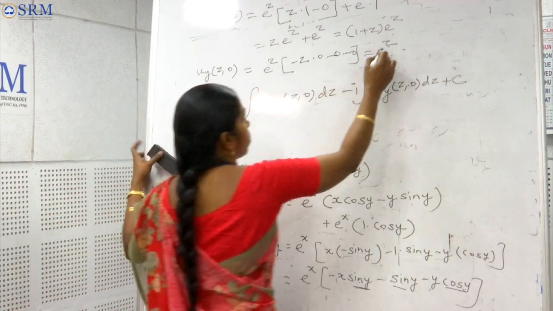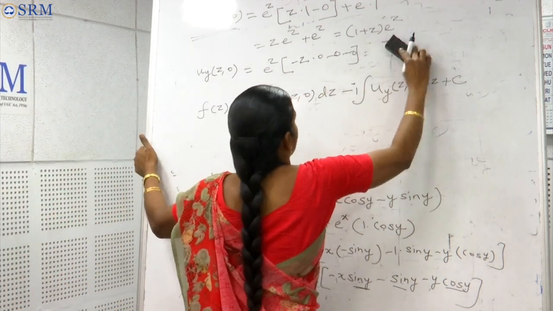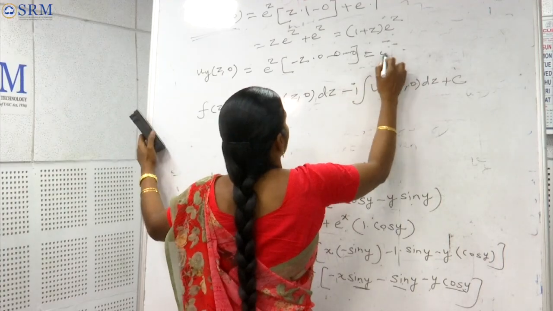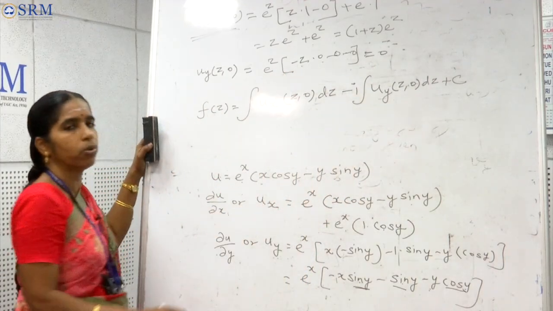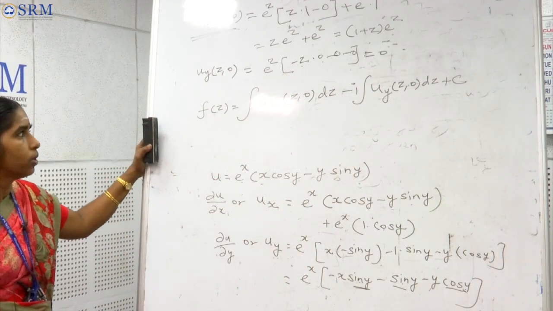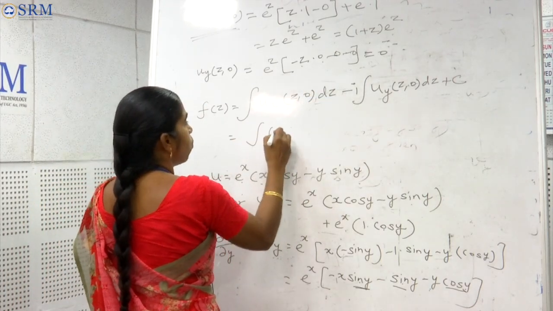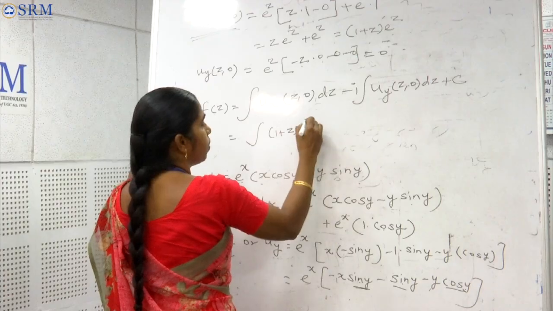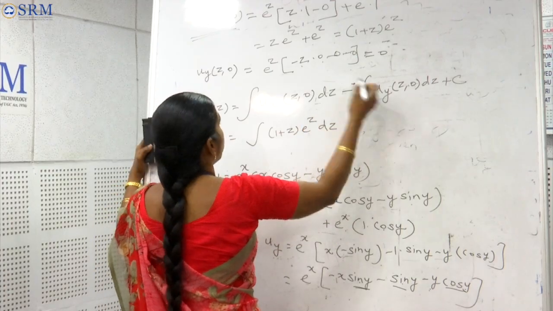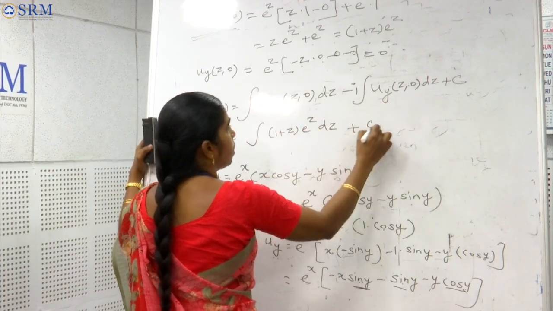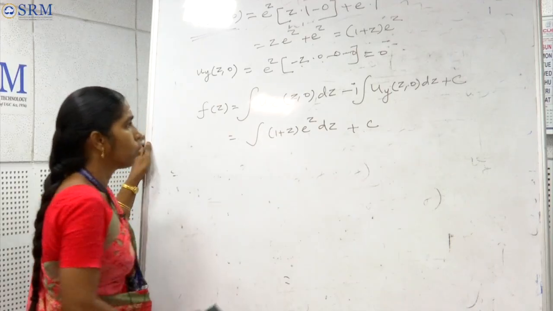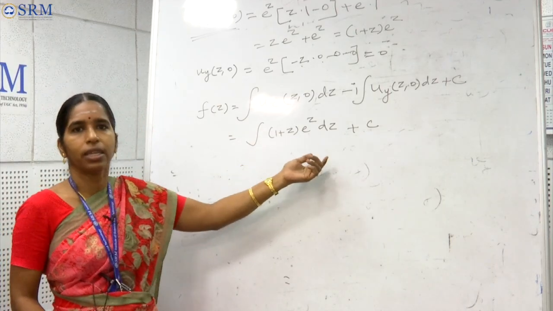Sorry, here it is 0. So u_x of (z, 0) is (1 plus z) e^z, the integral of (1 plus z) e^z dz, u_y is 0, plus c. So the integral of (1 plus z) e^z dz.